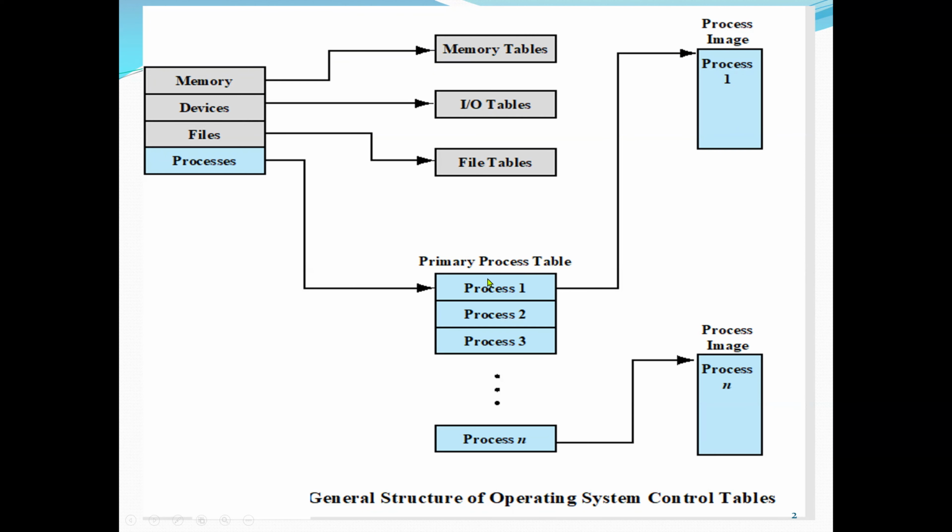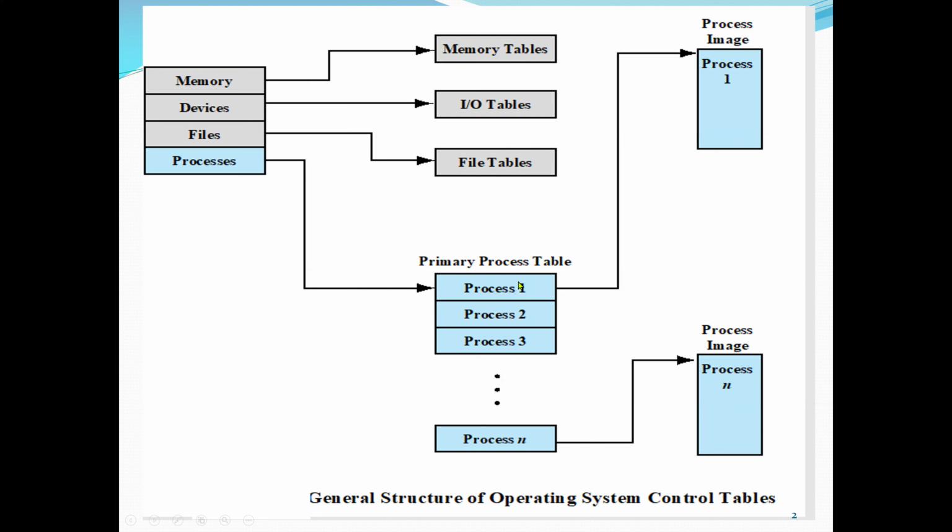in these lectures. We shall go through the memory tables, I/O tables, file tables, and also the process tables. Those are the four major resources that the operating system manages, so it must have information about all of these resources.